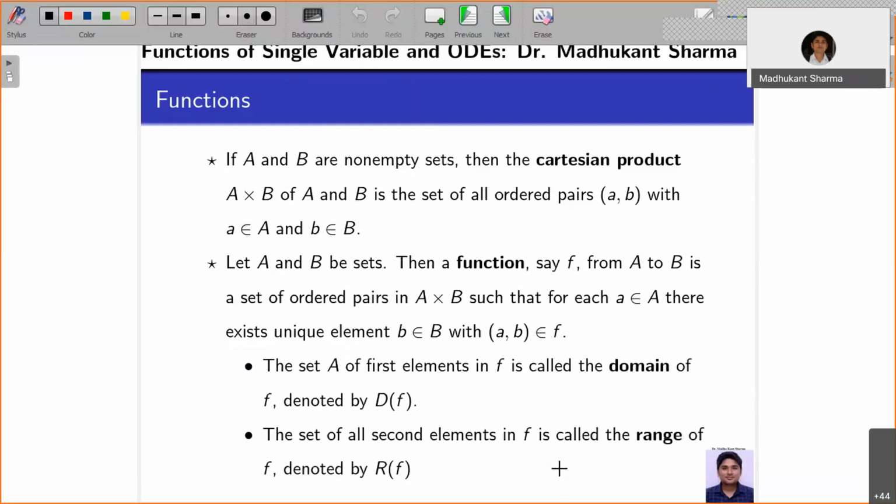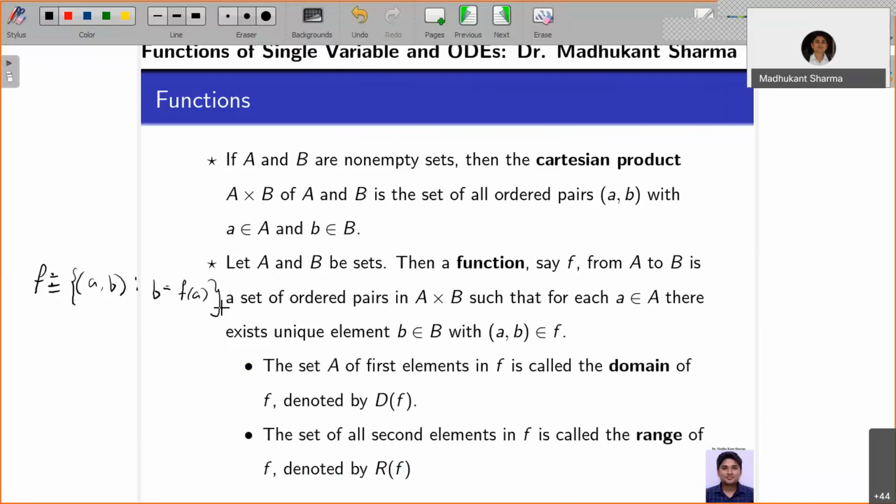So f can be identified by the pairs A comma B such that B is equal to f of A. That's how to define it.